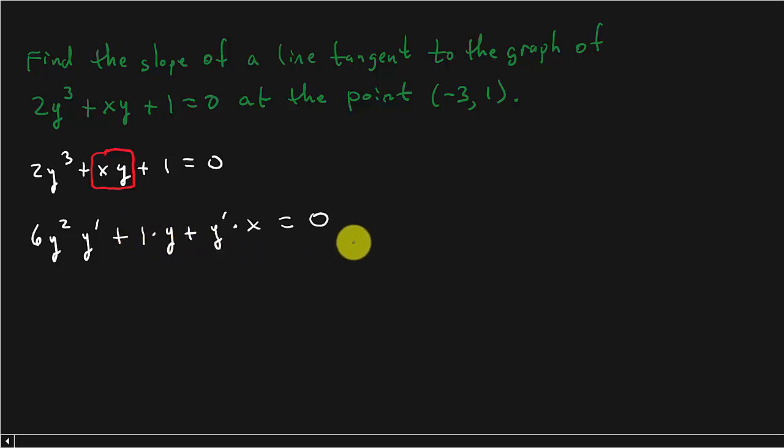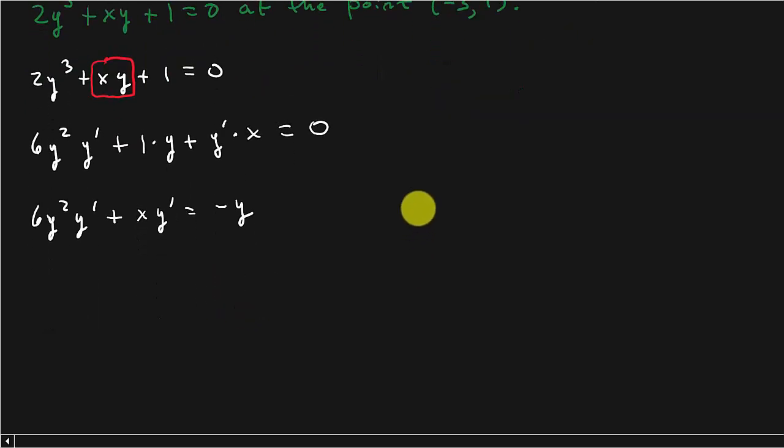So I'm going to go ahead and move it over. So that's going to be 6y squared y prime plus xy prime equals negative y. Another thing you can do in this step, typically when I teach this section, I show everything like I'm doing in this video, and then after that, if we come across some implicit function, in this step right here, I would have gone ahead and factored out that y prime also.